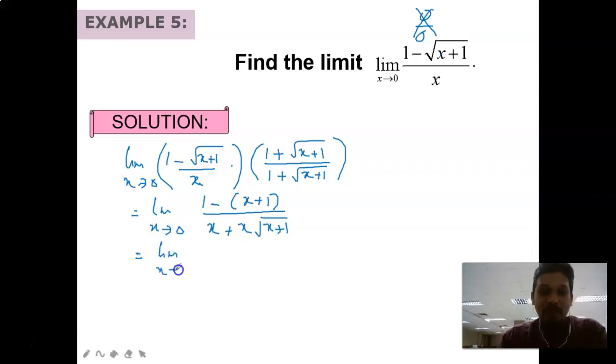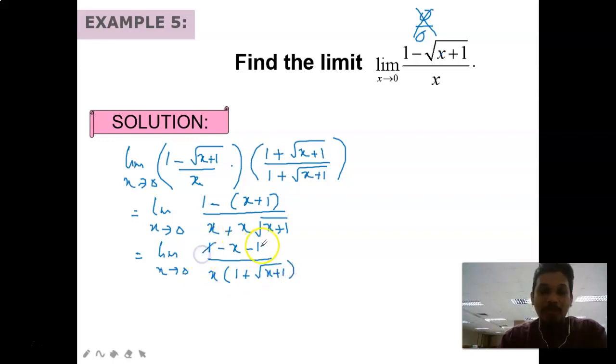Limit x approaches 0. 1 minus x, and then negative times positive 1 minus 1, divided by, look at the denominator here, x with an x, so factorize with the 1 plus square root of x plus 1.